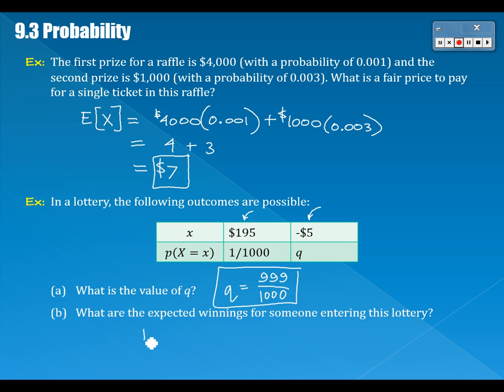So we get $195 1,000th of the time, and we get negative $5 999 out of 1,000 times. And that gives us, well, let's see, what does that give us? Give me a second here.